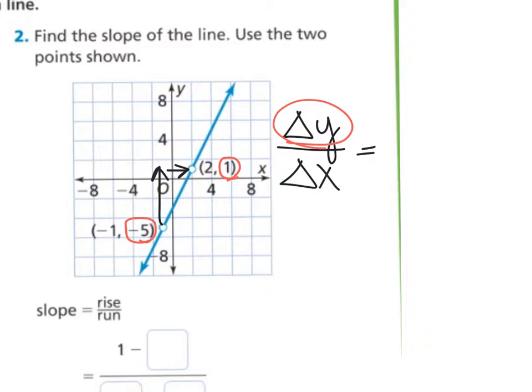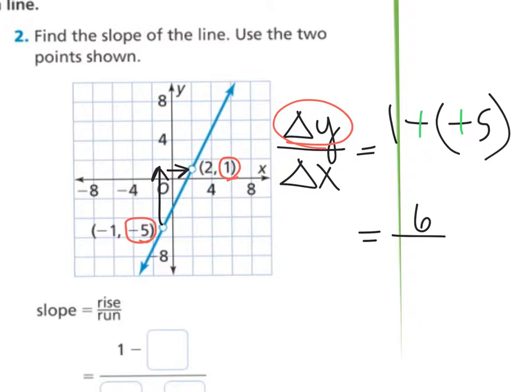So a couple options you have to find that change in y. One option is to subtract. And subtracting, you could do this as 1 minus -5, and then you can add the opposite there, which is like 1 plus 5, which would be 6.